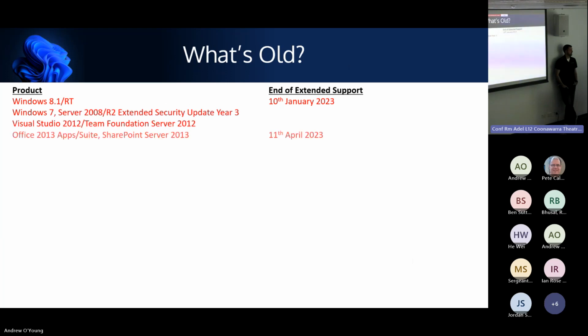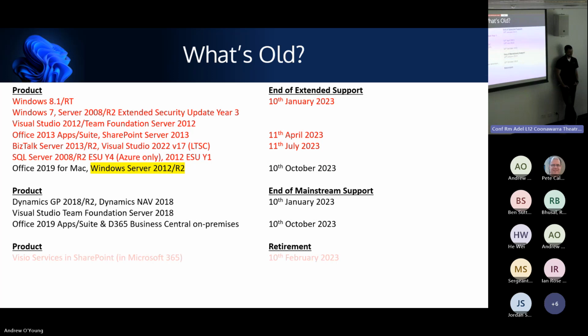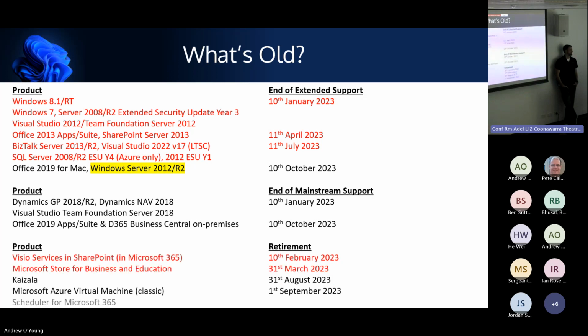Okay, what's old? Same list as every month we've done so far, particularly the highlighted stuff there. Server 2012/R2 is end of extended support, 10th of 10th, or 11th of 10th. I assume that's US times, but yeah, you probably don't want to be on that. And if you are still somehow, for whatever reason, you can get onto the extended security updates.